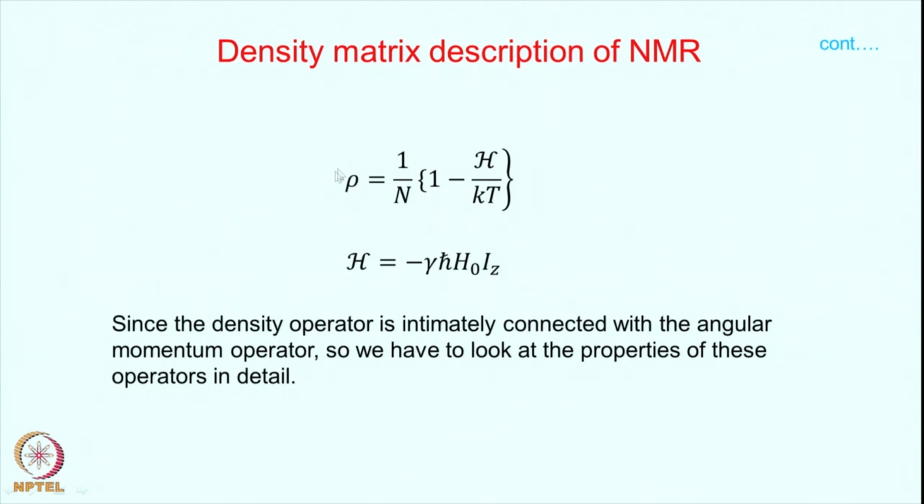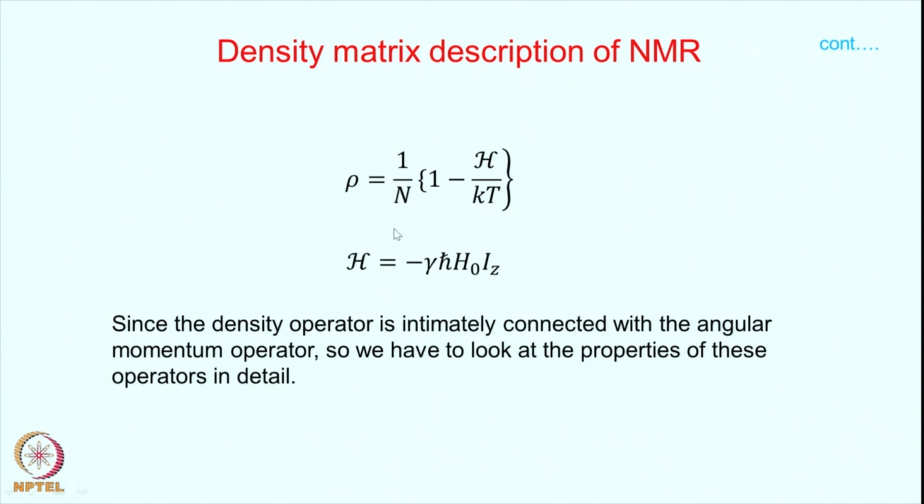So, rho is an operator and n represents the total number of states, the eigenstates, and that depends upon the spin system, whether it is a 1 spin system, 2 spin system or 3 spin system and so on, and what is the value of I.